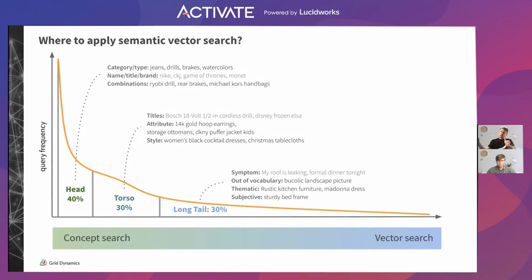However, if we go towards the long tail, we very quickly see that the queries become much more complicated. They start to involve unknown terms. They start to involve symptoms and out of vocabulary terms. And this is when the vector search or semantic vector search really shines.